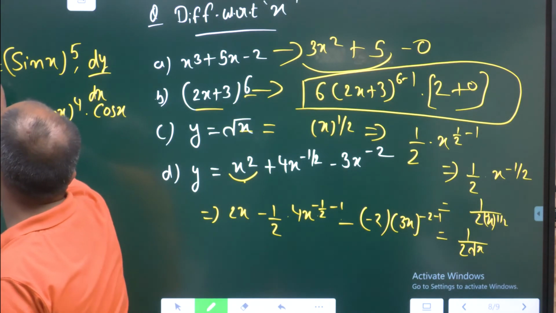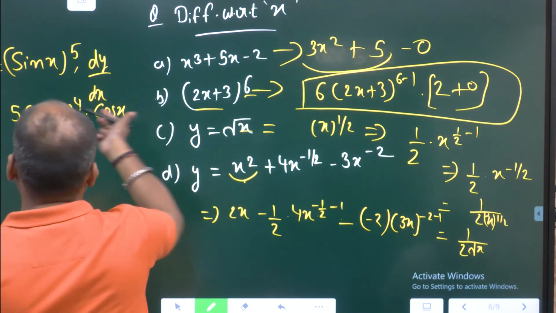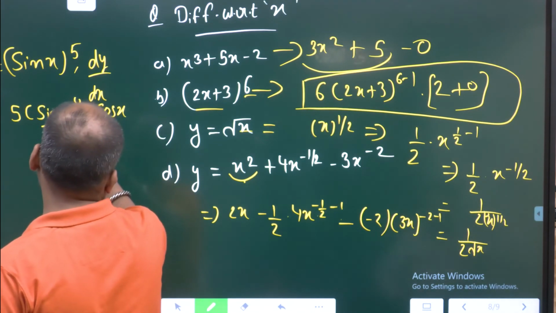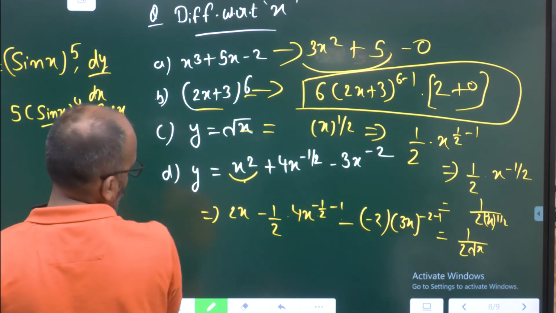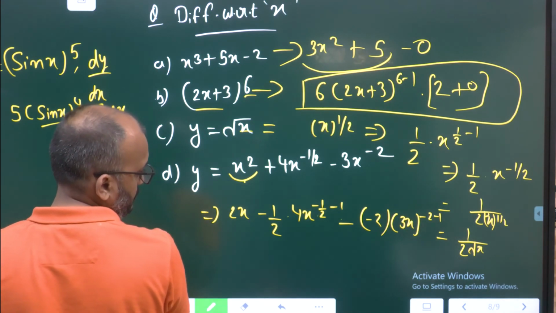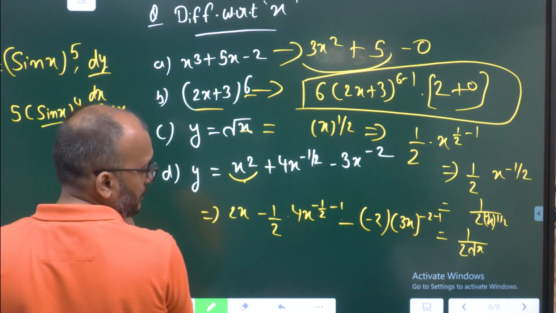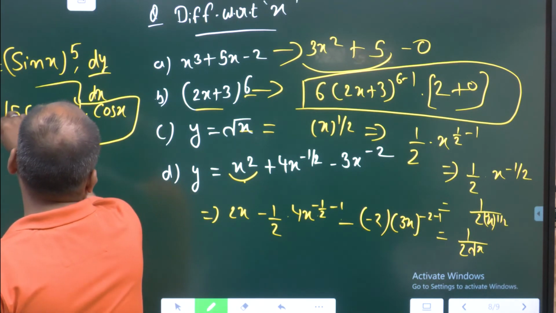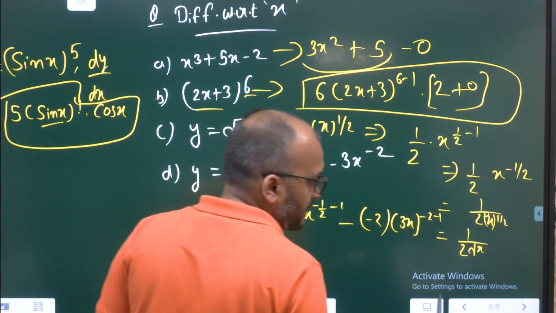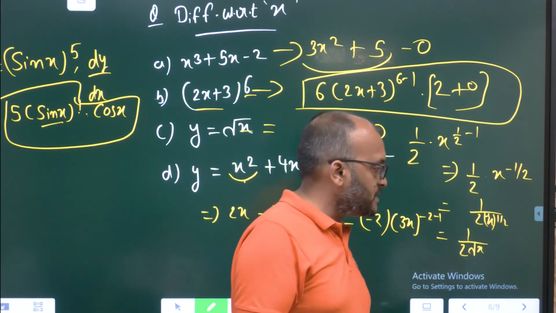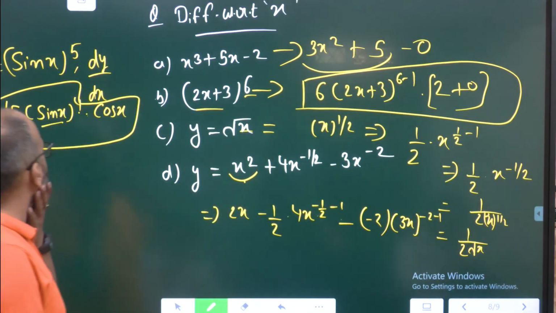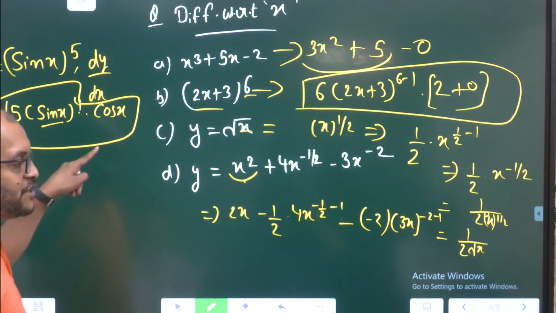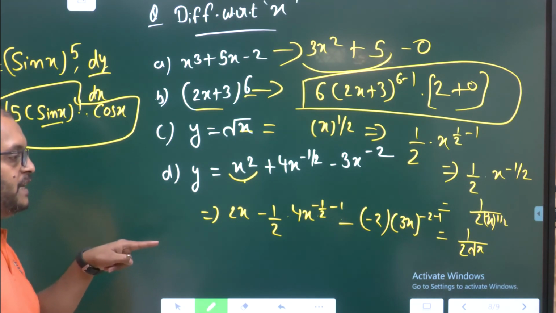This one? Yes, this yellow one. So 5 sin x to the power 4 and then differentiation of sin x, the differentiation of sin x is cos x. Where did the 4 come from? The differentiation of sin x is cos x, right? It won't go in the power. We have already differentiated the power.